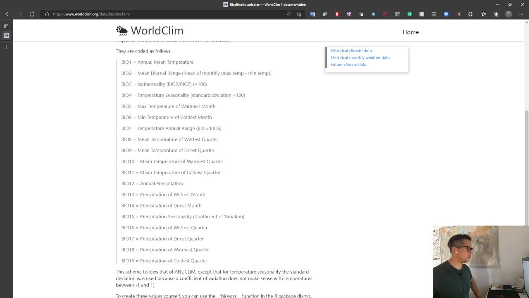Hopefully not much has changed, but this is the type of variables that we will be working with. Now that does not mean for this particular project we used all the 19 variables. I also considered trying to use land use categories.